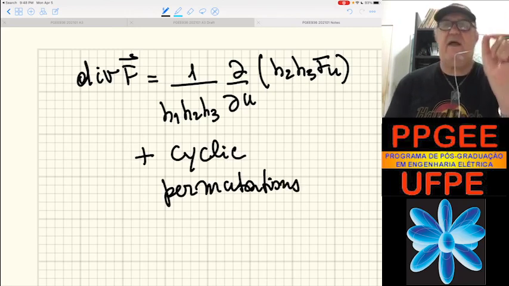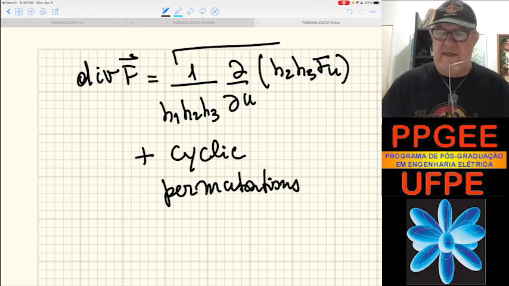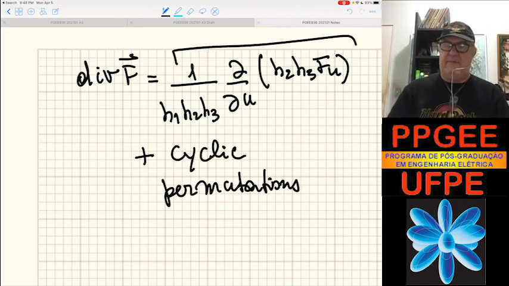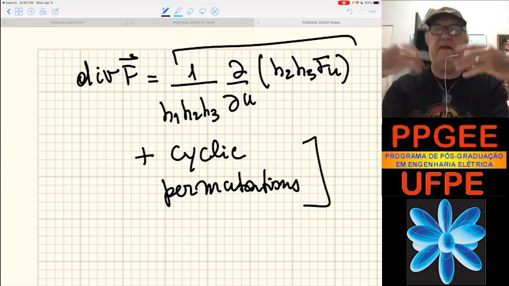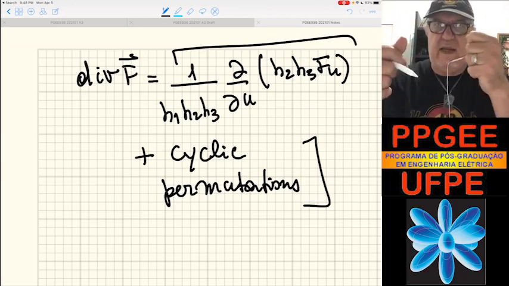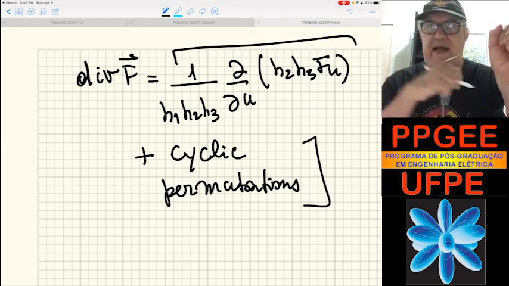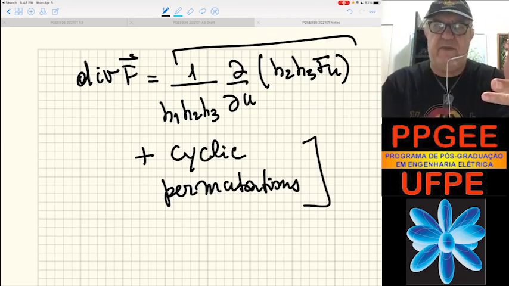So you don't have to write all of the terms. Writing this one is enough. Then you put plus cyclic permutations. If you want to make a calculation, just use the cyclic permutations, write down the expression, and perform the calculation.